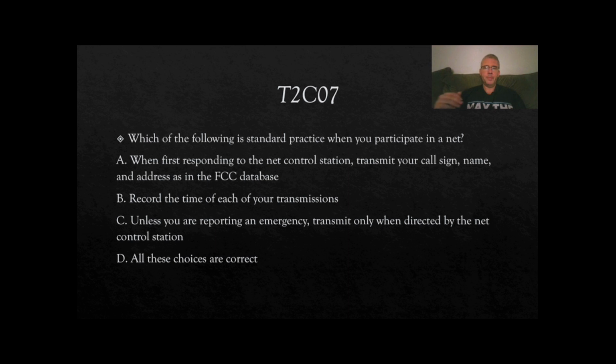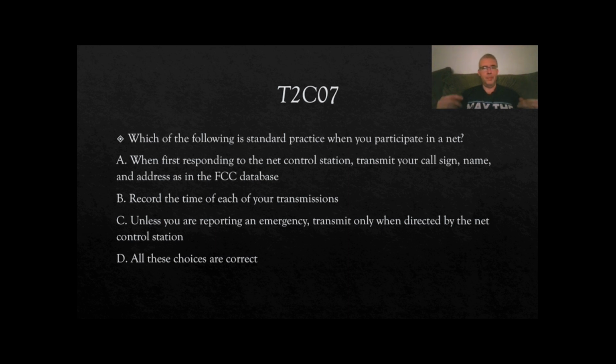However, when you're looking at this, you see A. It says, when first responding to the net control station, transmit your call sign, name, and address as in the FCC database. There's one key thing that's not right about this one, and that is you do not need to transmit the address in your FCC database.